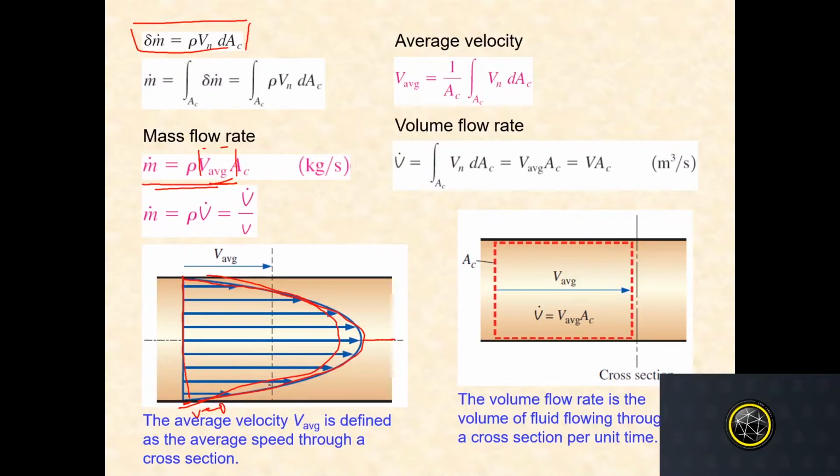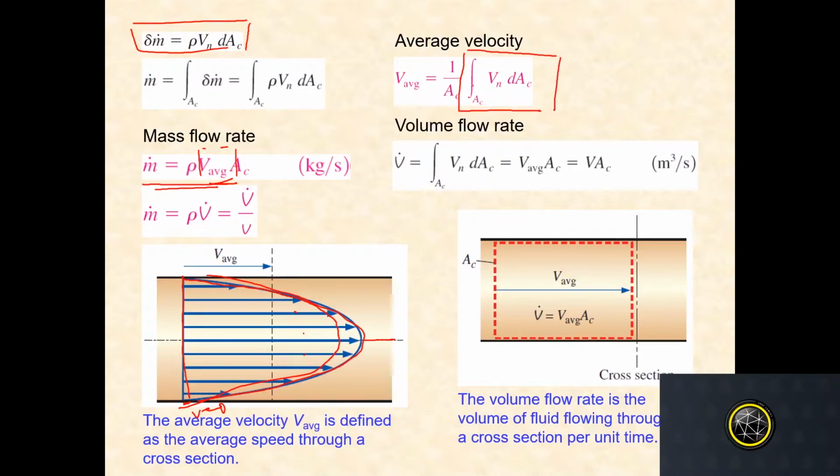If the wall is static and doesn't move, the velocity is zero. So you cannot just simply use the velocity at any point. What you need to do is find the average velocity. And how do you find the average velocity? Here is the average velocity up there.